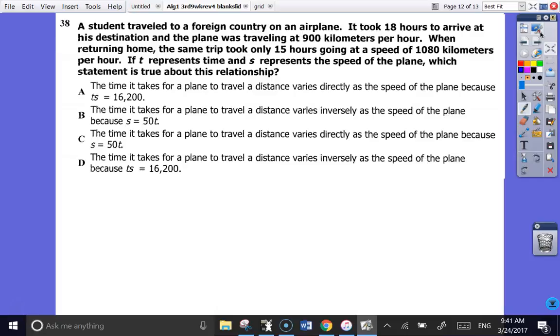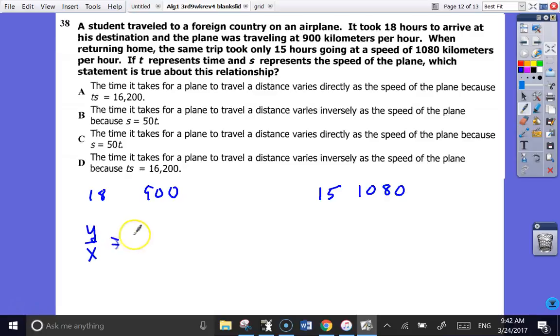And let's see. The numbers that we've got are going in one direction: we had an 18 and a 900. Going in the other direction, we had a 15 and a 1080. So if this is a direct variation, it should be that when you divide, y over x, you get a constant.